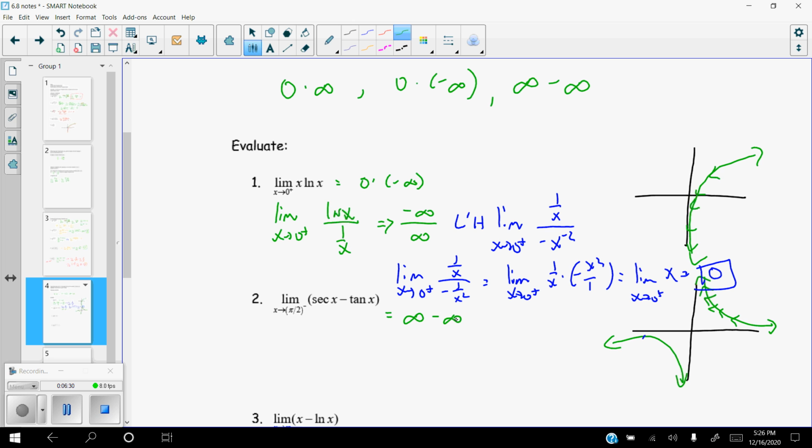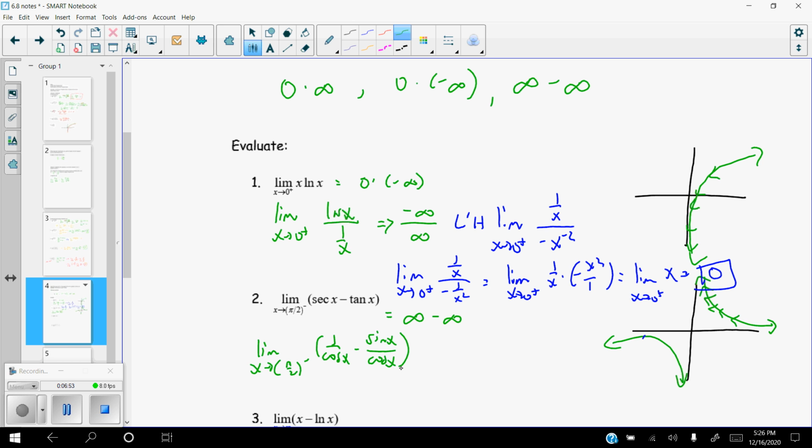So let's go ahead and try and rewrite this. Use some trig properties here and rewrite this. So I can rewrite secant as 1 over cosine. And I can write tangent as sine over cosine. So to me, that made sense simply because of the fact that they are both the same denominator.